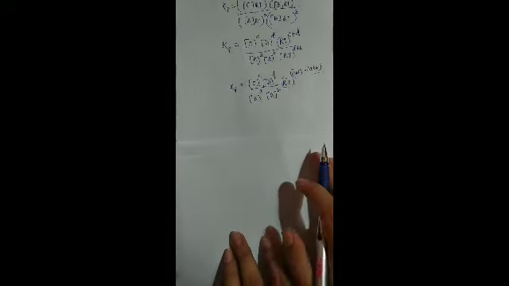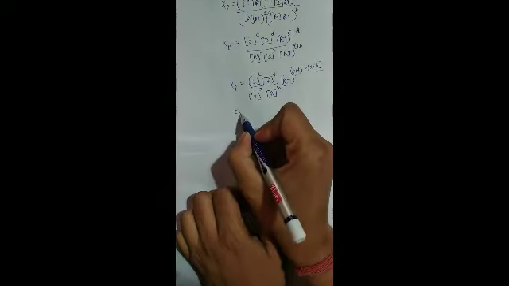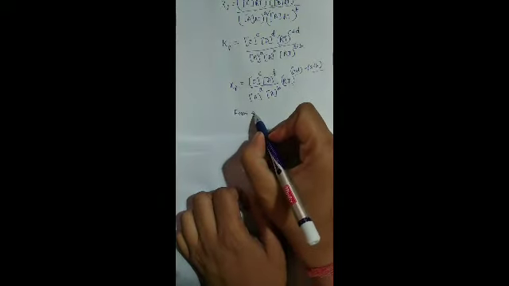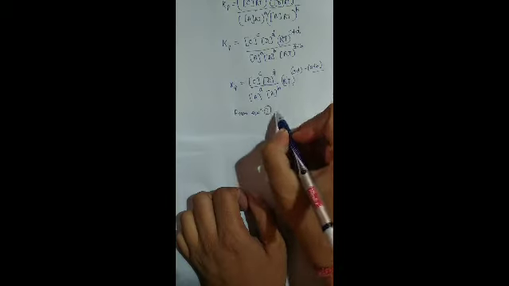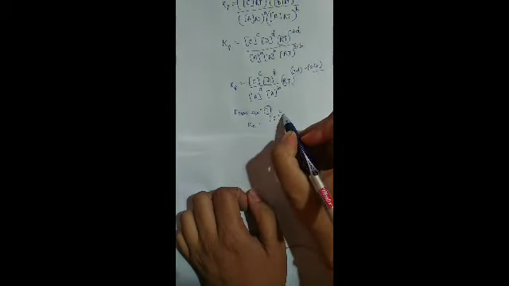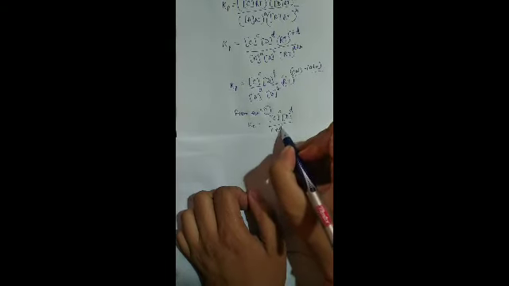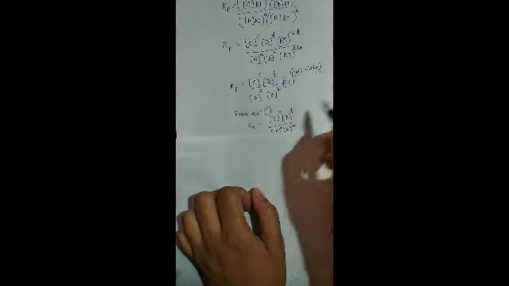Now on rearranging the equation again, if we come to our equation number 1, our equation 1 was Kc is equal to concentration of C to the power c, concentration of D to the power d, over concentration of A to the power a and concentration of B to the power b.